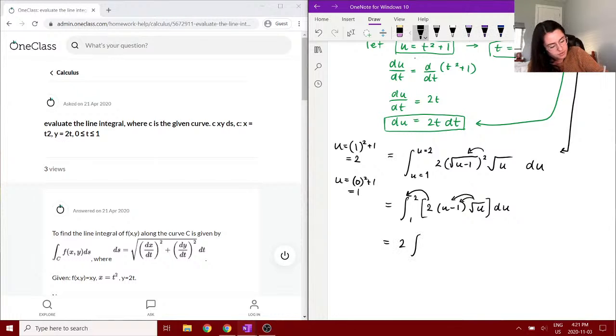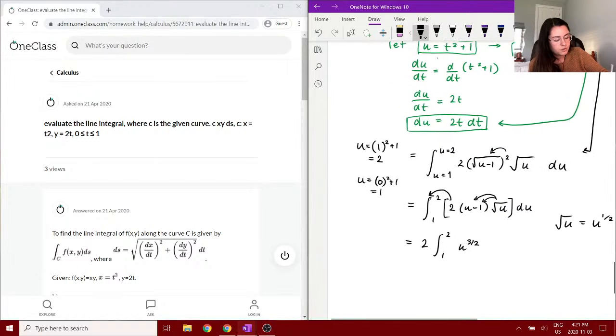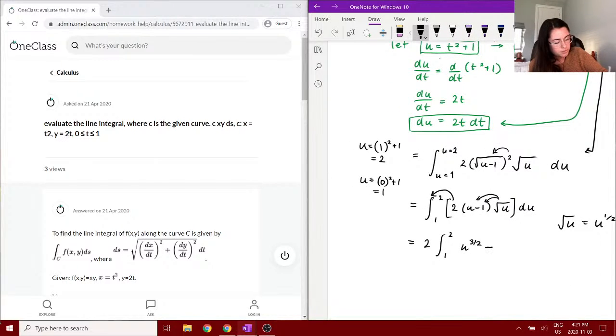So we have 2 times the integral from 1 to 2, and then distributing the square root of u into the brackets, we get u to the 3 over 2, because remember, square root of u is equal to u to the exponent of 1/2. So distributing into the bracket will give you u to the power of 3 over 2 minus u to the power of 1/2 du.